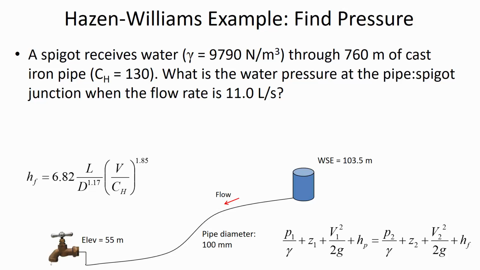But in the beginning, let's say here is the valve. All right, so the EGL is going to look like this. It's this dashed line, and we know the EGL should end. If there's water coming out, then it'll be slightly above the water surface because it still has some velocity head. But I wanted to point out the fact that the EGL is coming along and then there's a sudden drop and then it's above it again.